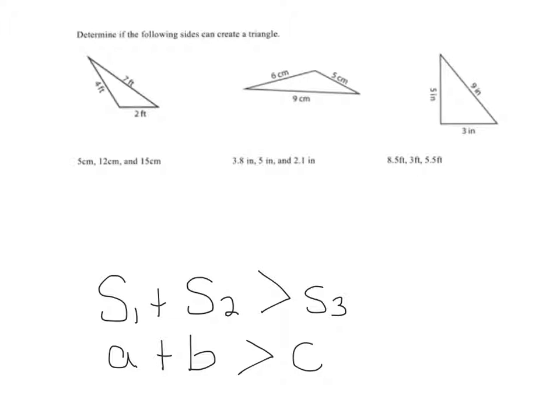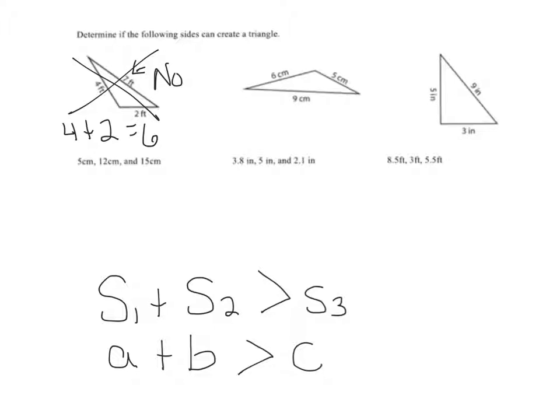So they're wanting to know if these triangles are true triangles or if they could not work. So if I look at my two smallest, 4 plus 2, that only gives me 6, where this is 7. So that means this is not a triangle.